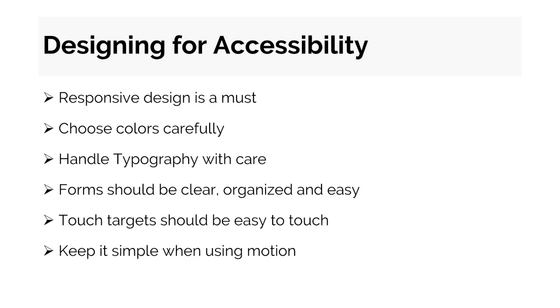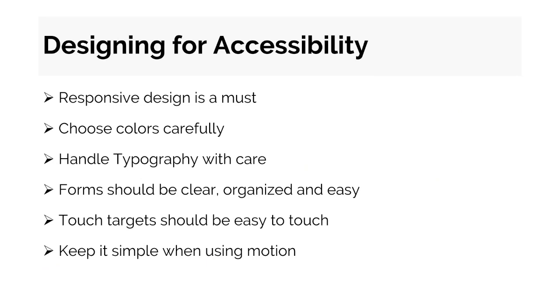Designing for accessibility. Accessibility should not start at the end. It should be planned ahead at the start of the project. So if we are making a new website from scratch, we can always come back to these factors that we might consider when designing for accessibility. Responsive design is a must. And choosing colors carefully.